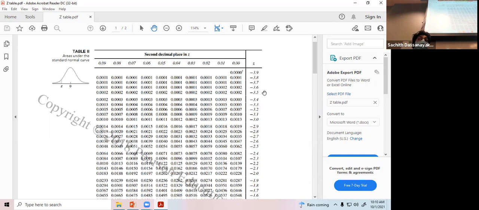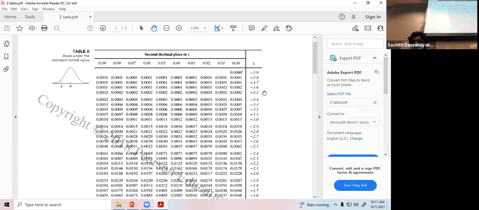Let's say you need to find the area under the curve, or probability, to the left of negative 3.41. I'm sorry, I cannot write it here, but you need to find the area to the left of negative 3.41.